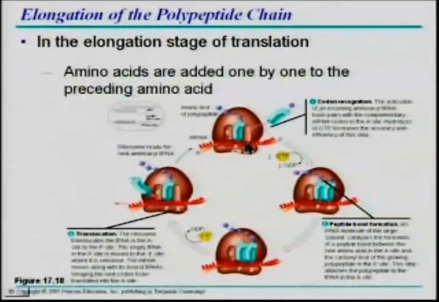Hydrolysis of GTP increases the accuracy and the efficiency of this step. So here's the 2 GTP to GDP and Pi, and we get the new aminoacyl tRNA into the A site, and then next peptide bond formation occurs.